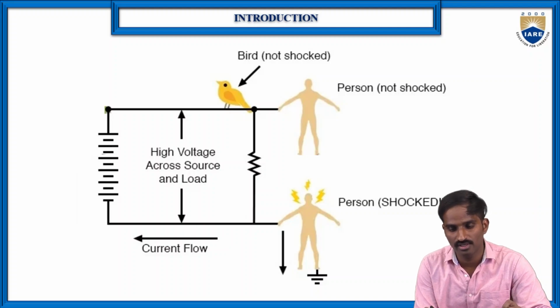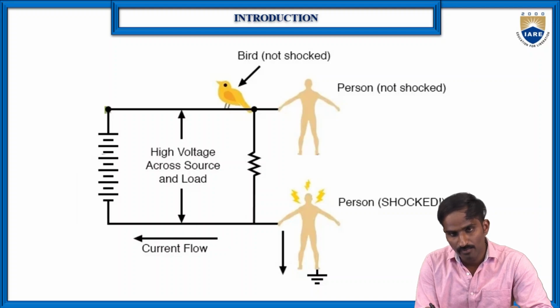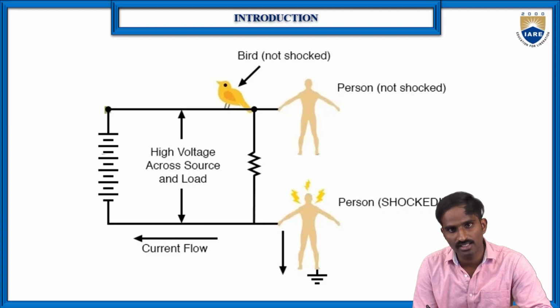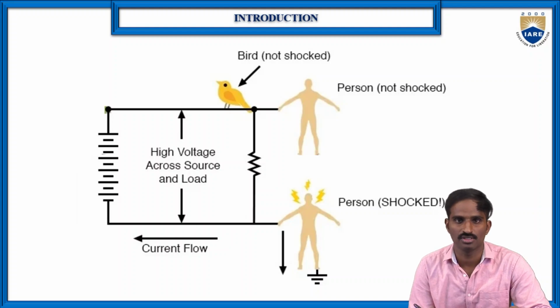But even a person hanging in the air by holding an electric wire will not get shocked. Why? In the second case, if the same person holds an electric wire while standing on the ground, the person will get shocked.